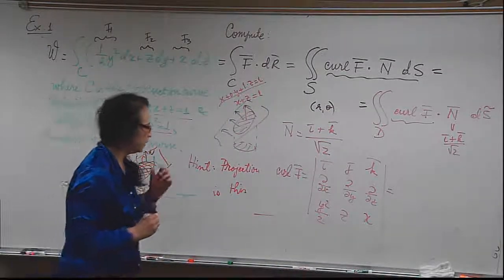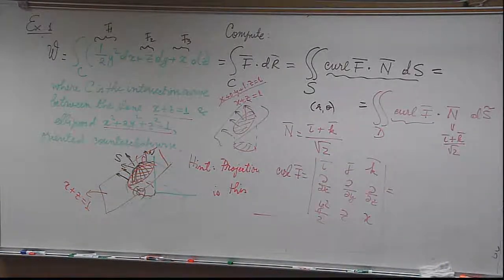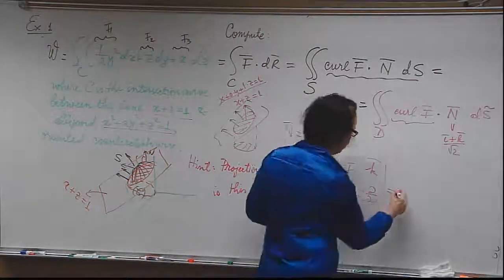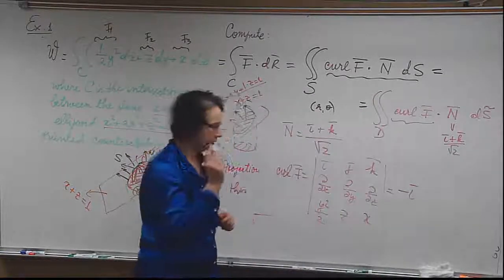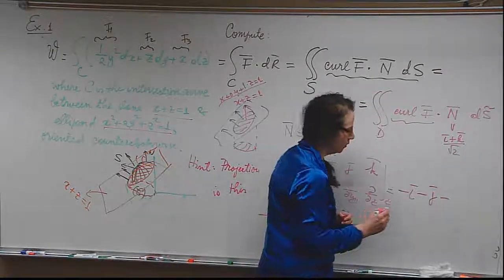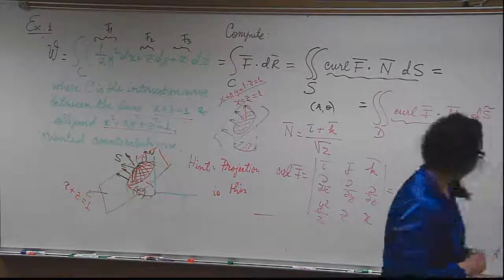Now let's see what you got. I'm checking to see if you get the same thing. Minus i is the first one. Let's see the next one. Minus j, minus yk. And I think that's what it is, yes.